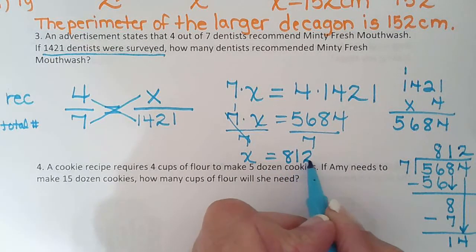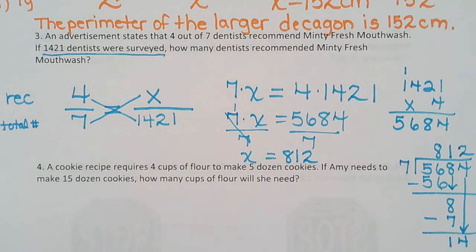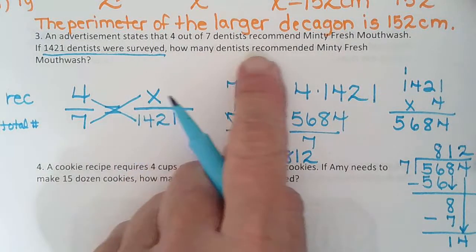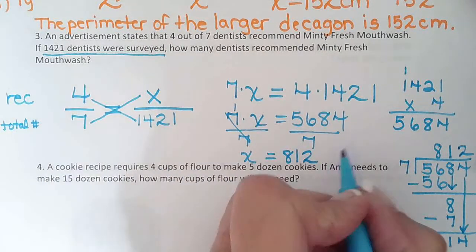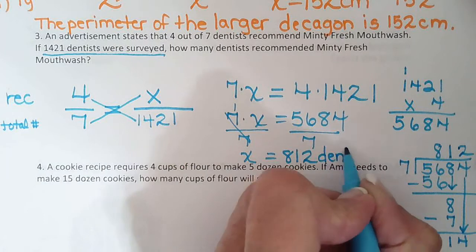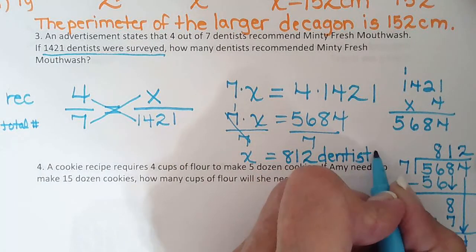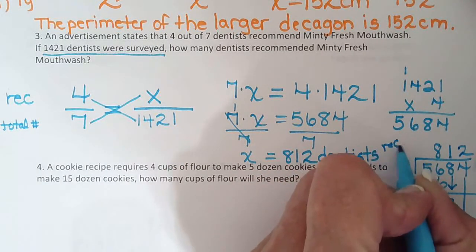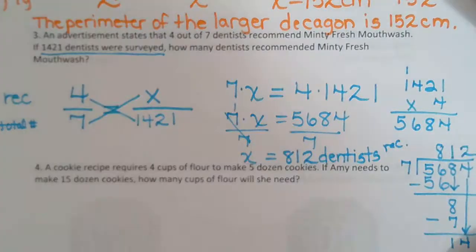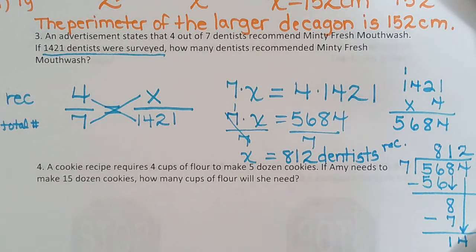And then we have to decide, what are they asking? How many dentists recommend Minty Fresh? So this would be dentists recommend. We'll just put it short there because we're going to write a sentence. So 812 dentists will recommend Minty Fresh.